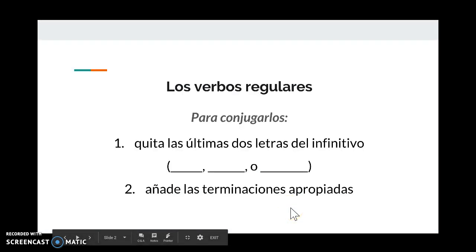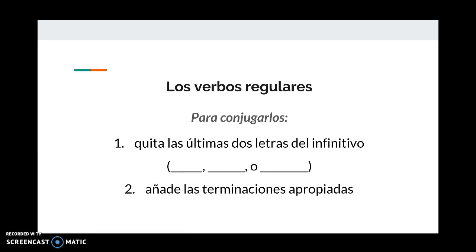First thing you need to know is how to conjugate los verbos regulares, or regular verbs. To conjugate them, you need to take the last two letters off of the infinitive, so that's the AR, ER, or IR, and then add, or añade, the appropriate endings, las terminaciones apropiadas.